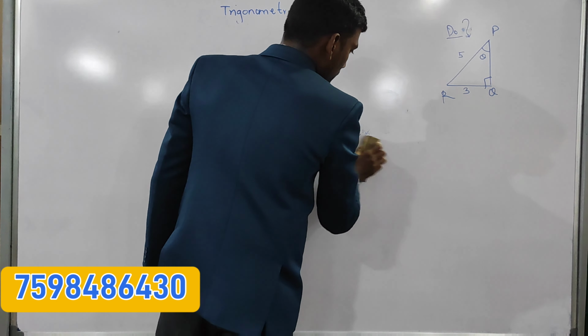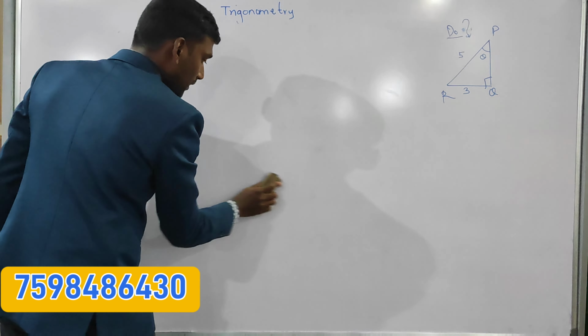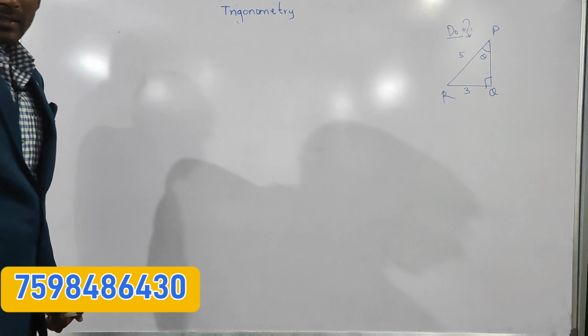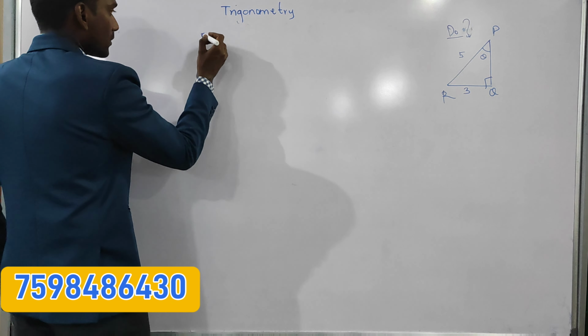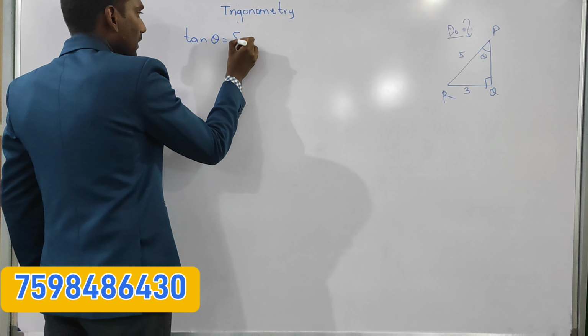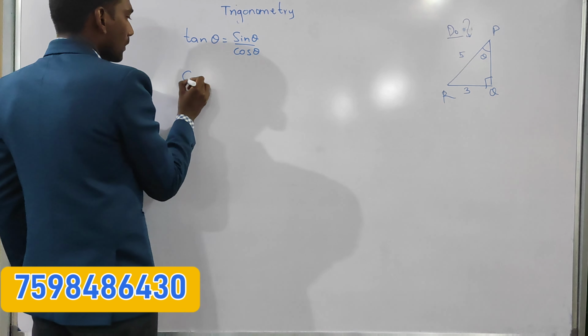Okay, so next part in terms of sine and cos. The next part in this trigonometry, there are some values, that is tan and cot and secant and cosecant, that you have to write in terms of sine and cos. You can take down tan theta can be written as sine theta by cos theta.